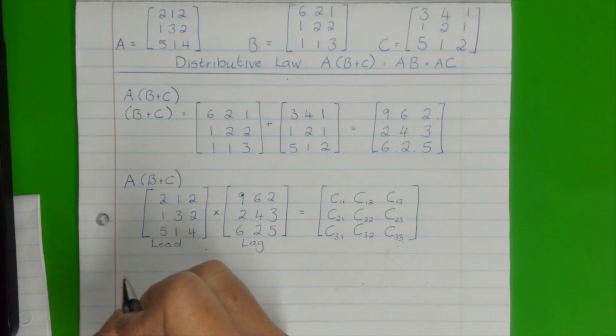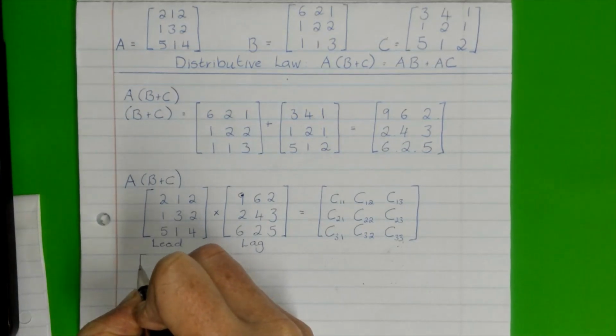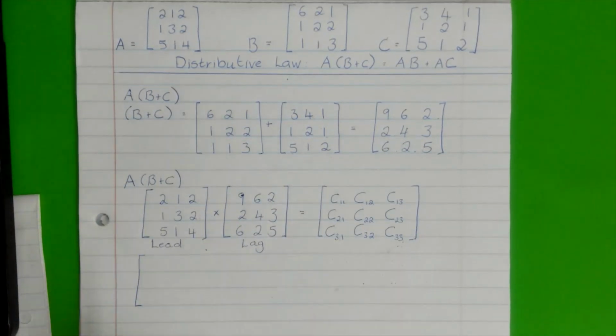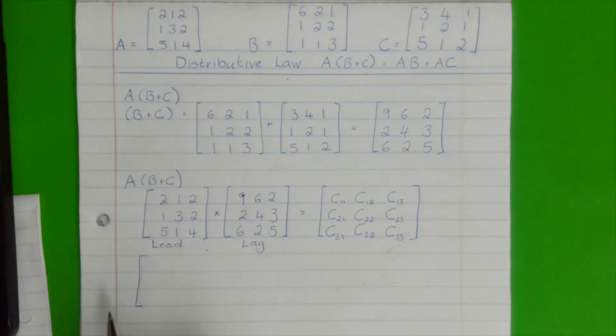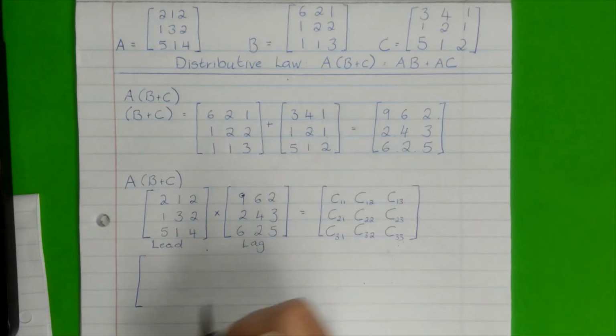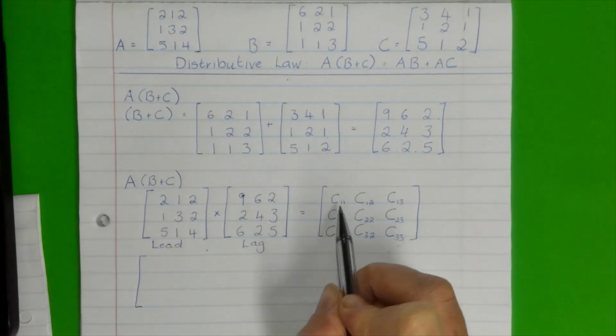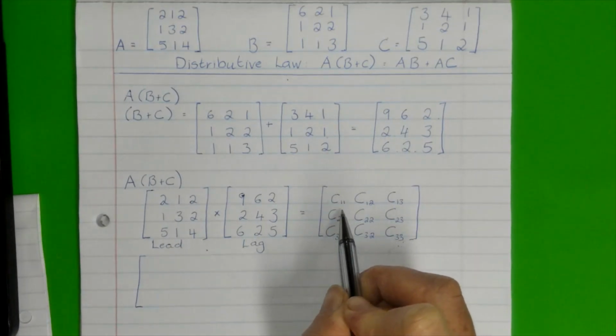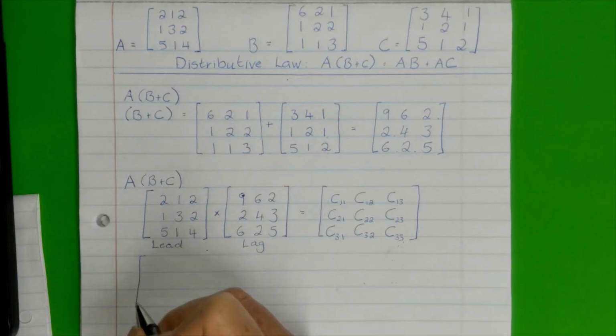So if we now do that calculation, it can take a fair amount of time if you write it out in full, but I think it's quite helpful, especially now, to write it out so that we can see how we get each of these values for the elements in the product matrix. So starting with C11, first row, first column.